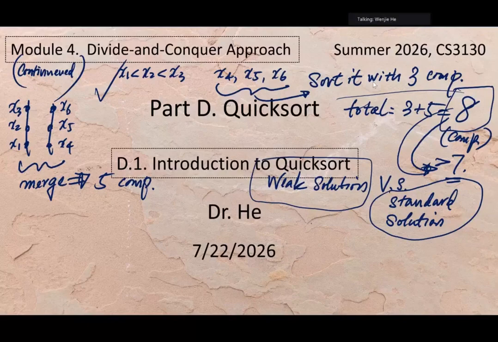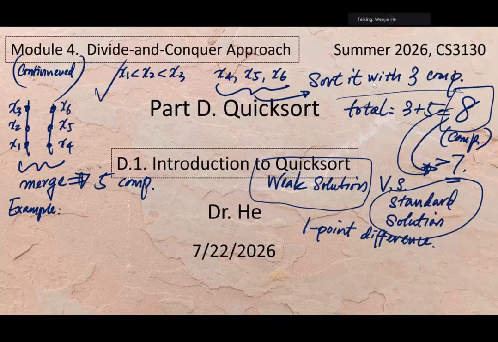The difference is only 1 point. But usually the weak solution is much easier than the standard solution. Here, I want to give you an example to show you the difference. Let me get my example.